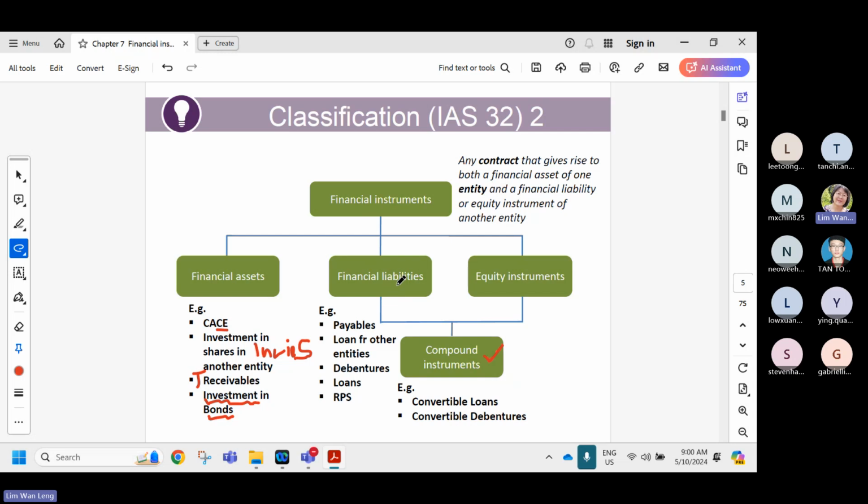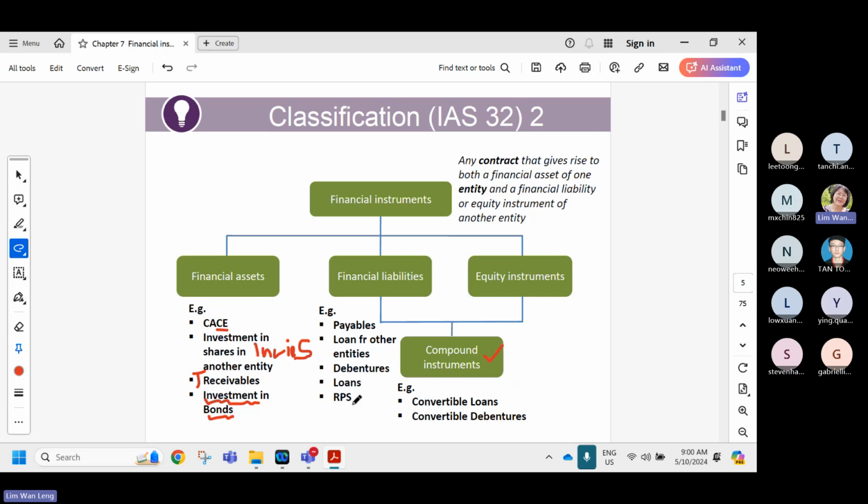Then you have the financial liabilities. Examples of financial liabilities will be all these: trade payables, loan from other entities, debentures, loans, RPS. You know what is RPS, right? RPS is redeemable preference shares.